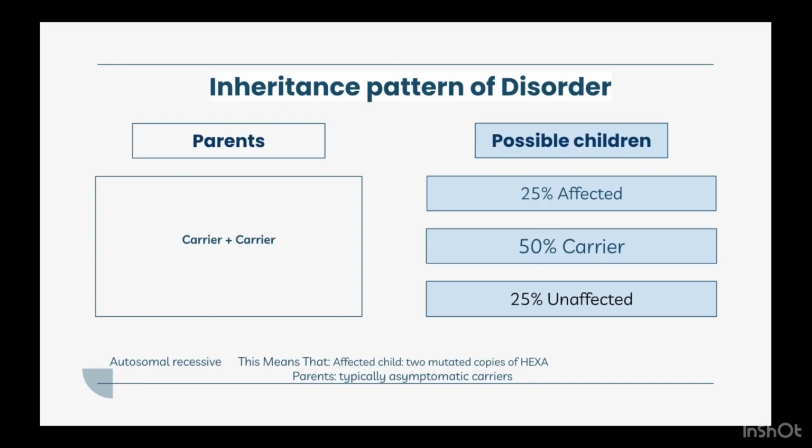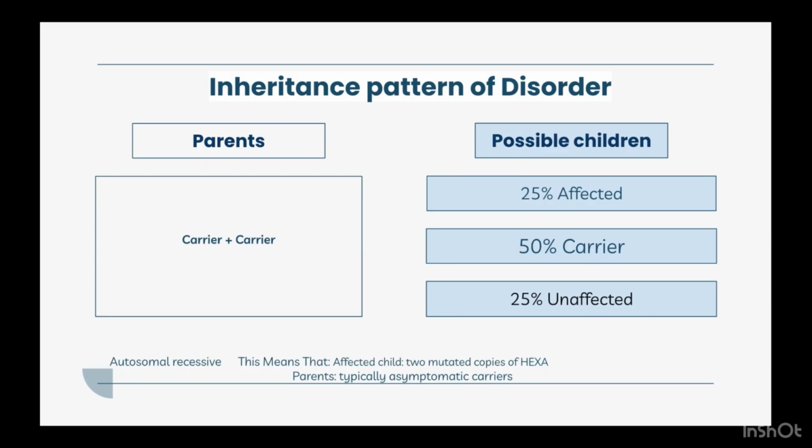As you can see in this pattern, when both parents are carriers, there's a predictable pattern of inheritance. There's a 25% chance the child will be affected, a 50% chance that the child will be a carrier, and a 25% chance that the child will inherit two normal copies of the gene.